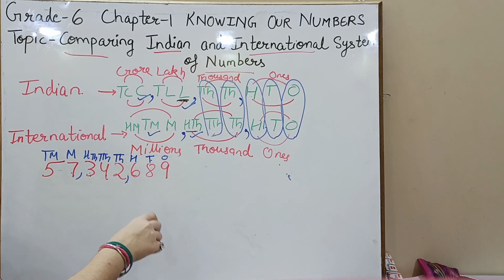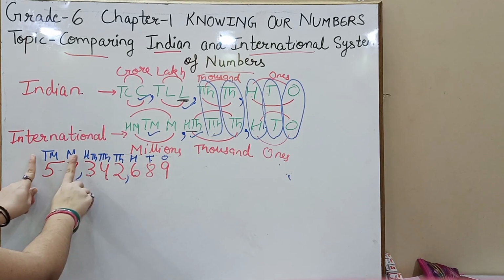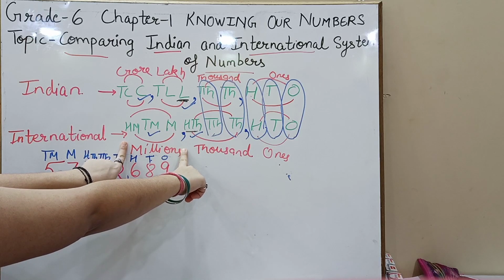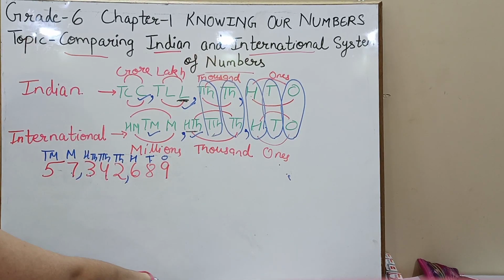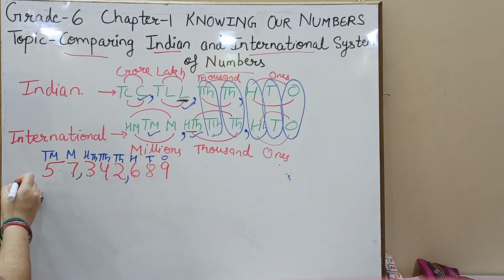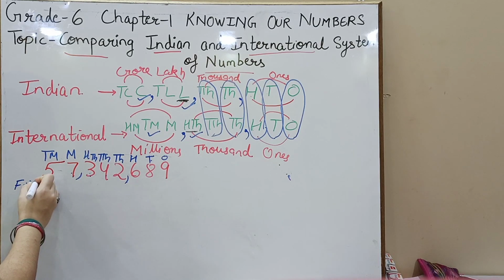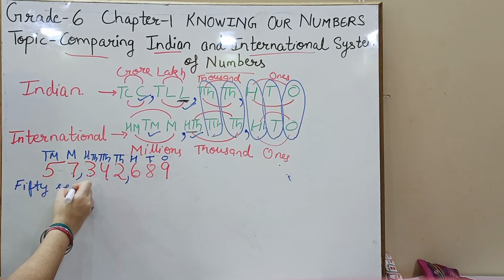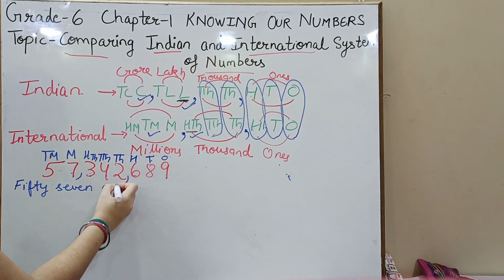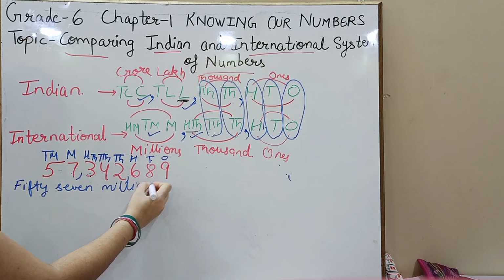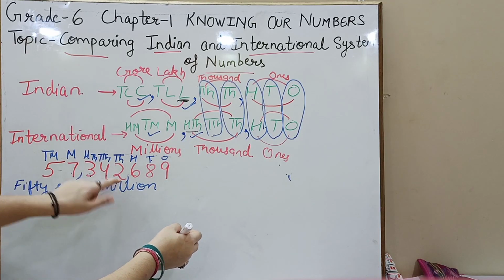Now as I told you, you have to write down the numbers. You are going to get the names of their groups. So million and 10 million belongs to the group of millions. So we are going to write it in this way. 57 million 342.